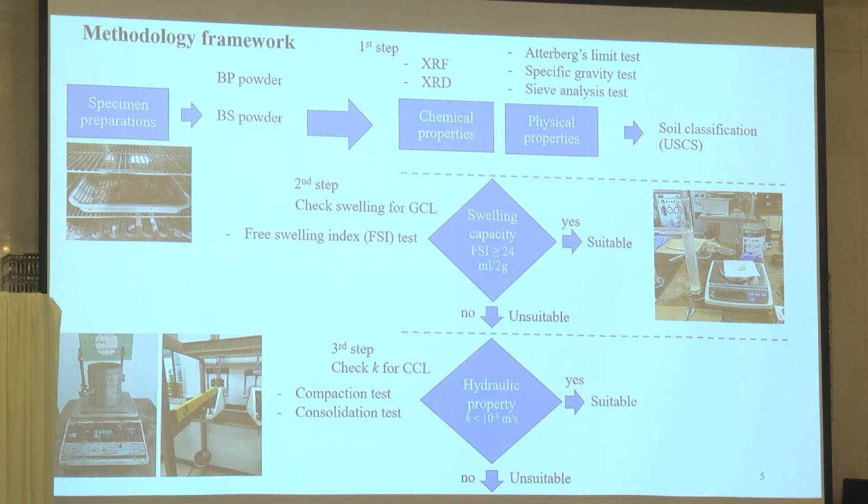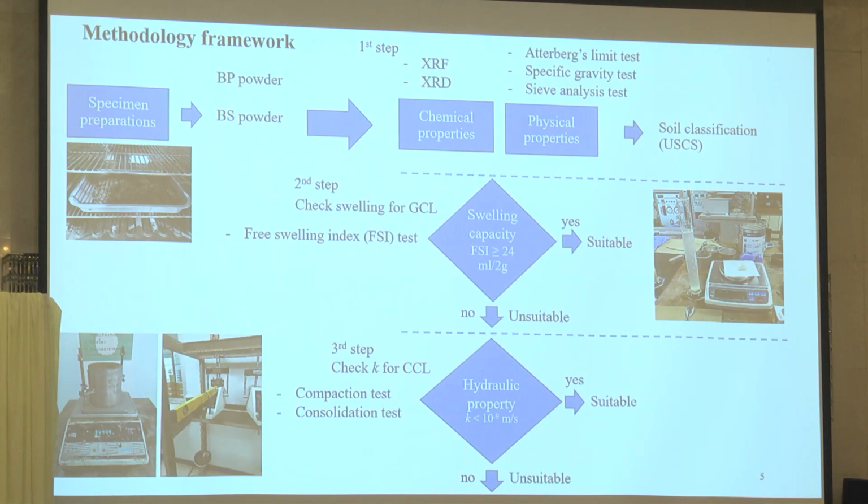After that, we check whether the BS is suitable for GCL application. We use the free swell index test, and the required value should be more than 24 milliliters per 2 grams. If more than that, we can use it.